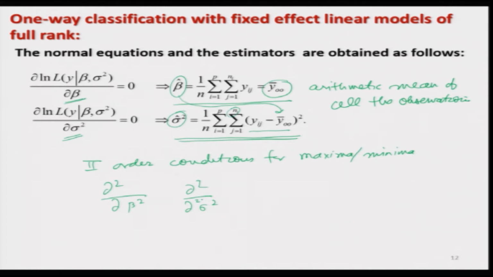Then you substitute beta equal to y bar naught naught, and sigma square equal to sigma square hat, and you will see that these conditions are satisfied. This ensures that these values provide the maximum of this likelihood function when beta is equal to beta hat i, which is y bar naught naught, and sigma square hat is equal to this quantity.